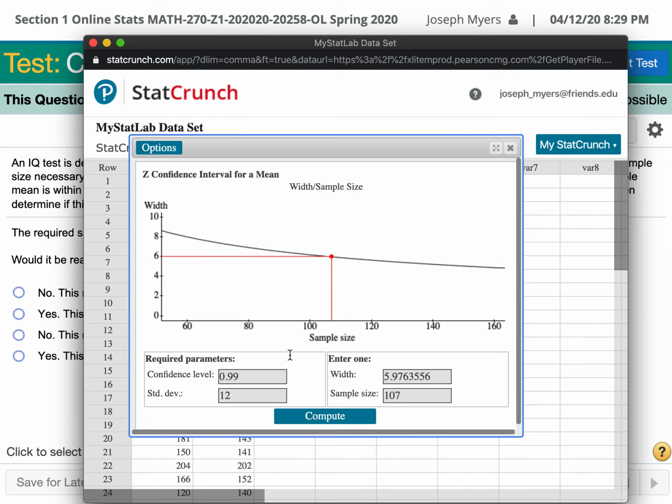And then I entered the confidence level, 99% is 0.99. The given standard deviation of the population, 12. Then the width I entered 6, and then I clicked compute. And it automatically rounded the width down a little bit, but the sample size is what I'm looking for, so 107. So that's perfect.